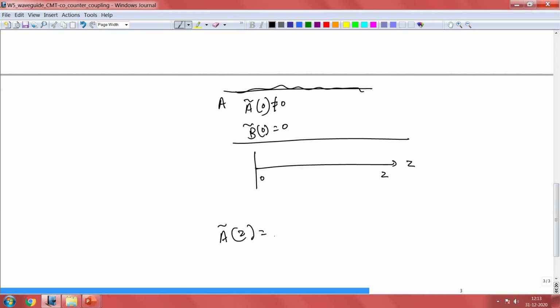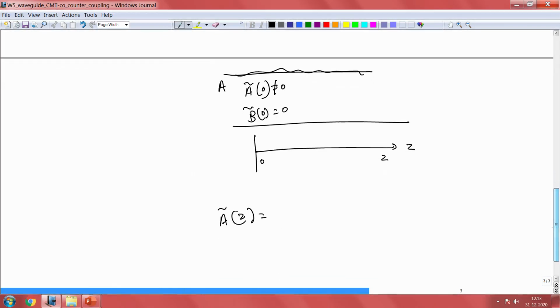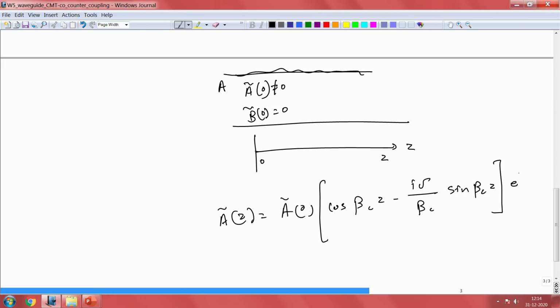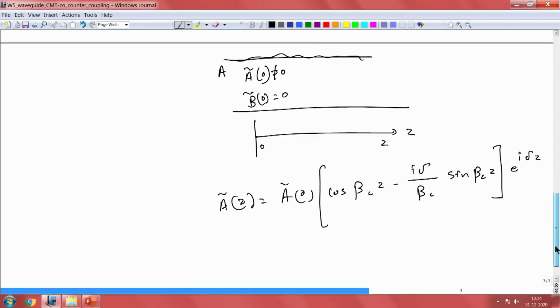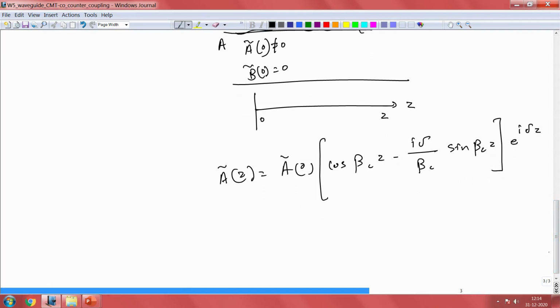By applying this condition, we can write A along the length as a function of the starting field, times the coupling term: cos beta c z minus i delta over beta c times sin beta c z, whole times e to the power i delta z. We saw this one earlier, but we are just expanding it. This is how the field is going to evolve as a function of z.